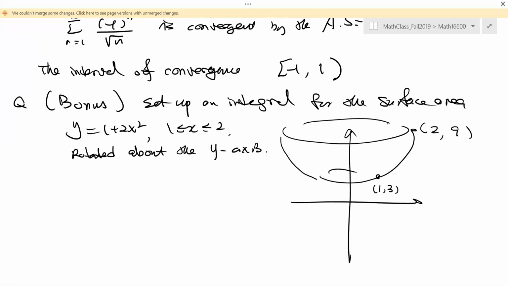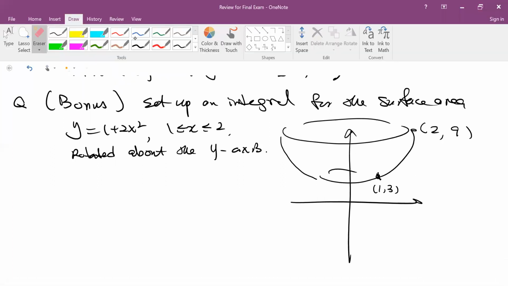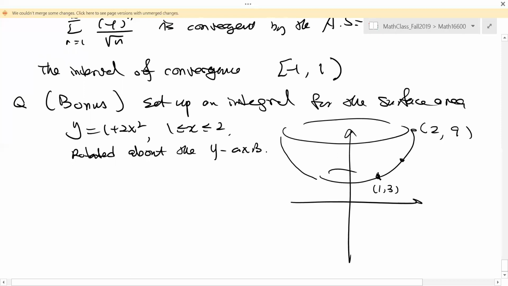Do you still remember? This is the arc length, with some point here, and this is s, and that is r.